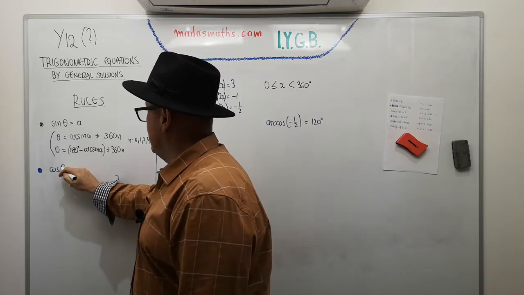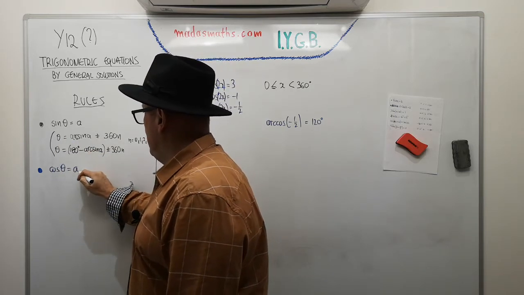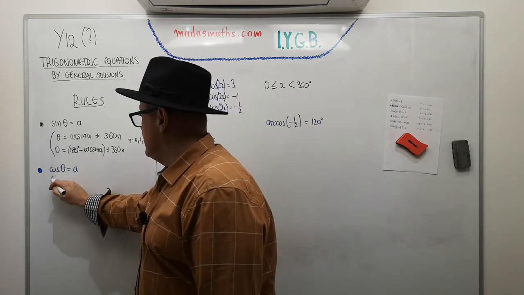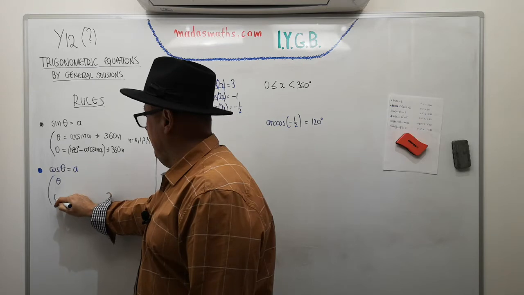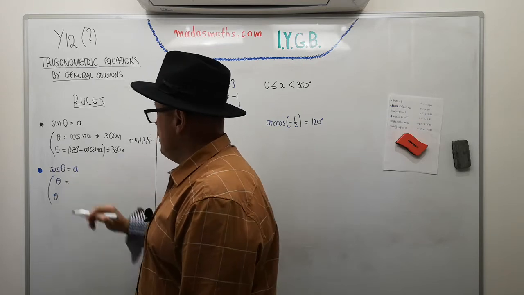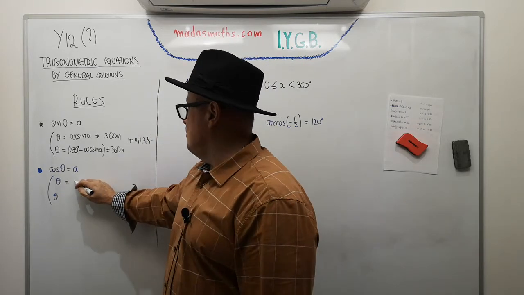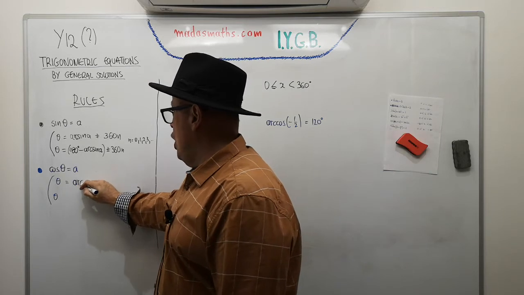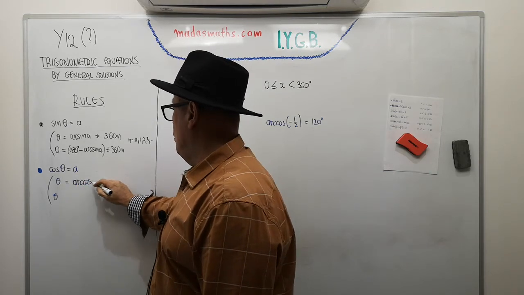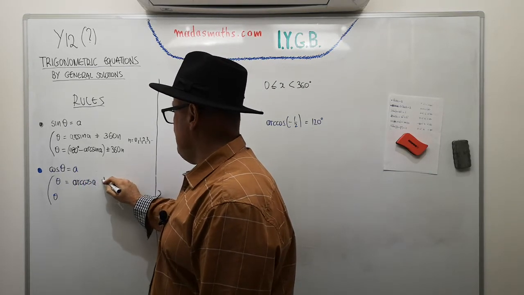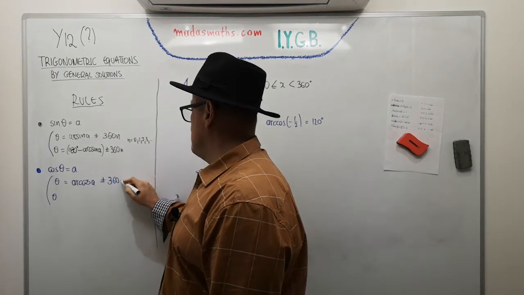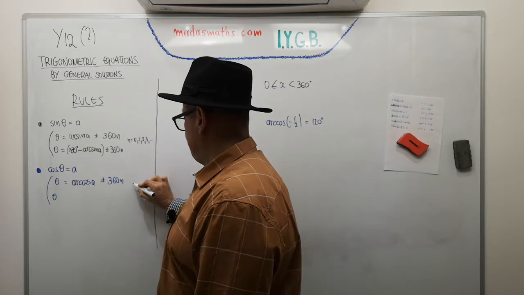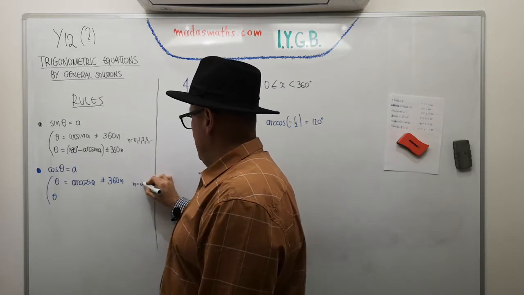So the cos of theta now is equal to a. There are 2 possibilities again. The principal value for this equation is, of course, what my calculator gives me, the arc cos of a, and I have repeats or adds, if you want, or subtracts of 360 degrees.